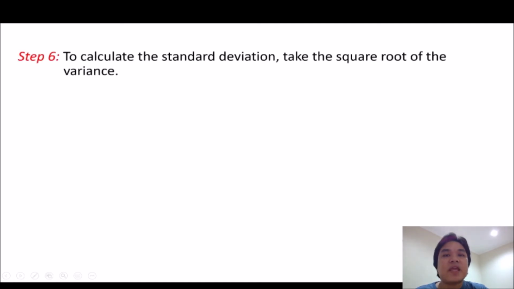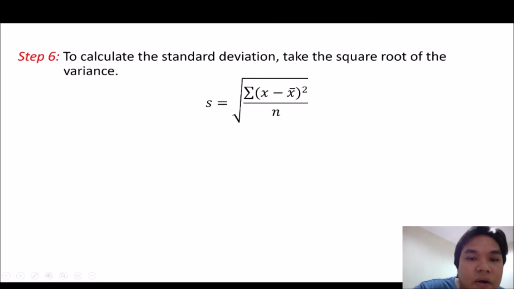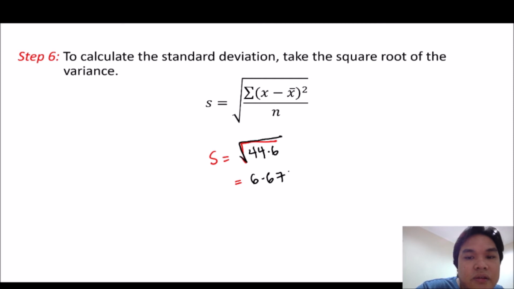And to calculate the standard deviation, we just need to get the square root of the variance. Our variance is 44.6, so the standard deviation will be the square root of 44.6, which is 6.678. So 6.678 is our standard deviation.